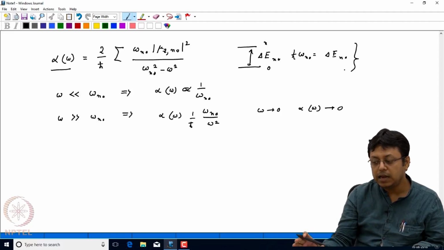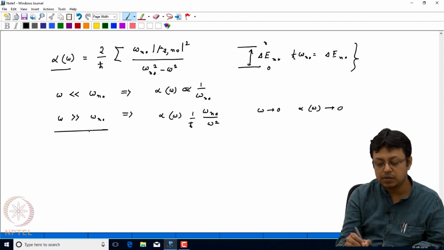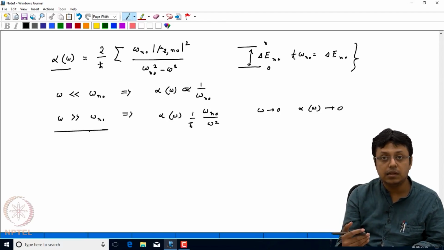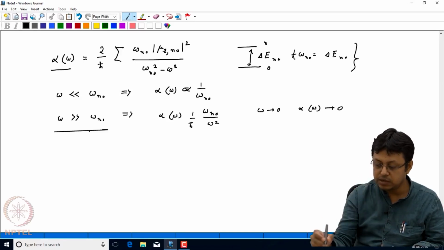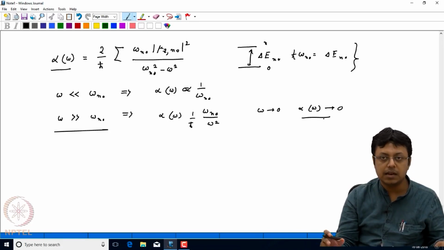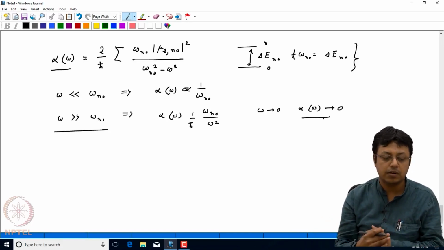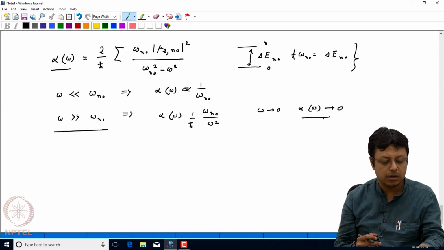So if that external frequency is too fast and very high compared to the natural frequencies, then I will not see the effect of polarization. Then alpha will tend to 0. So these are basically different manifestations of what we can think about the polarization or the induced dipole moment.